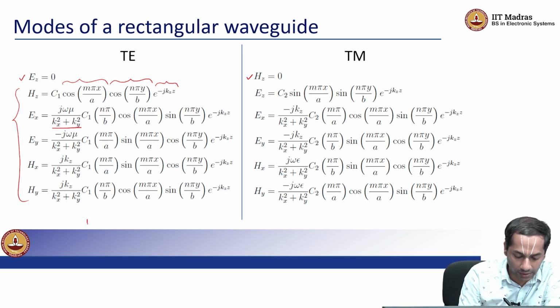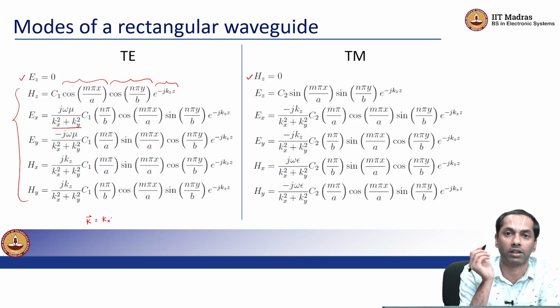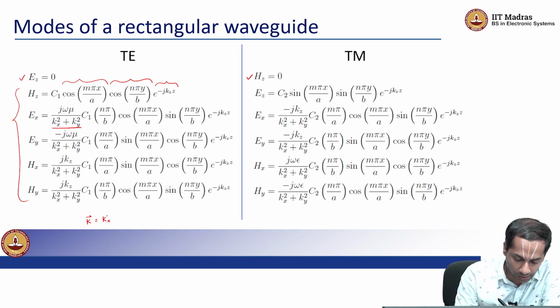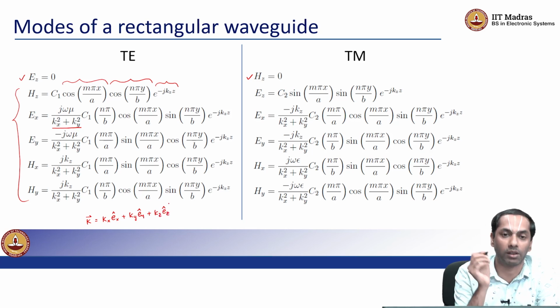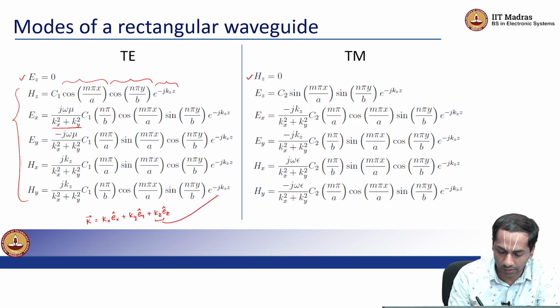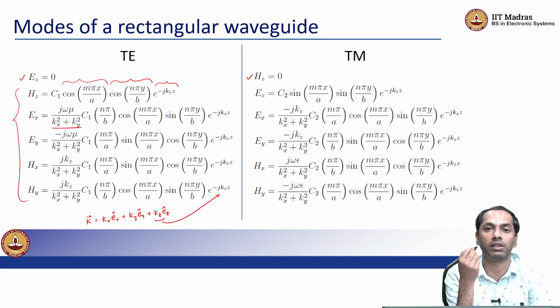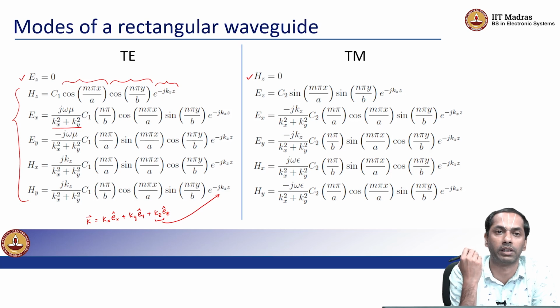So, in general we can say that the k vector in this scenario will have all three components, right, and that the component kz is the contribution to the phase of the propagating wave, or the propagating mode.